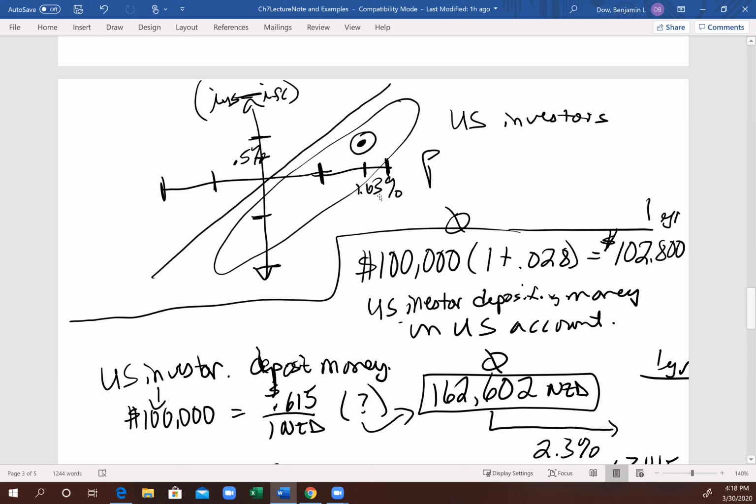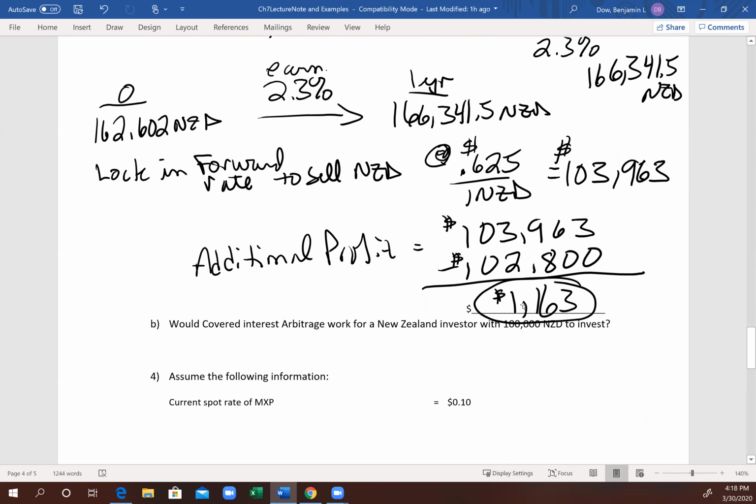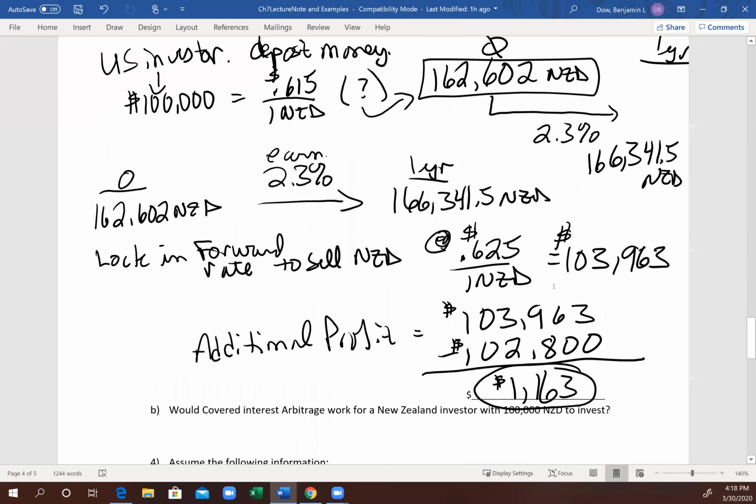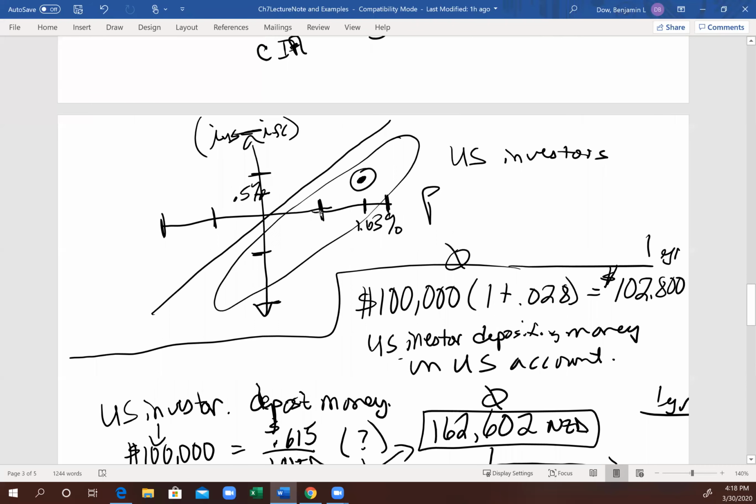So you should end up with about 1.13% more money, a little over 1,000 with $100,000. It turns out to be $1,163, which makes sense, a little over 1%. So when interest rates in the US are higher than interest rates in the foreign currency, you should see that foreign currency selling at a premium.